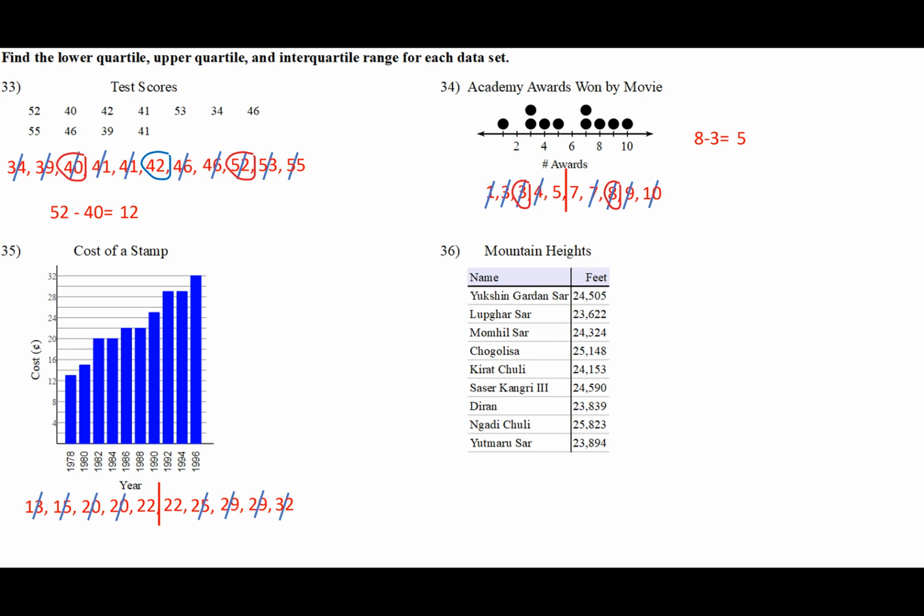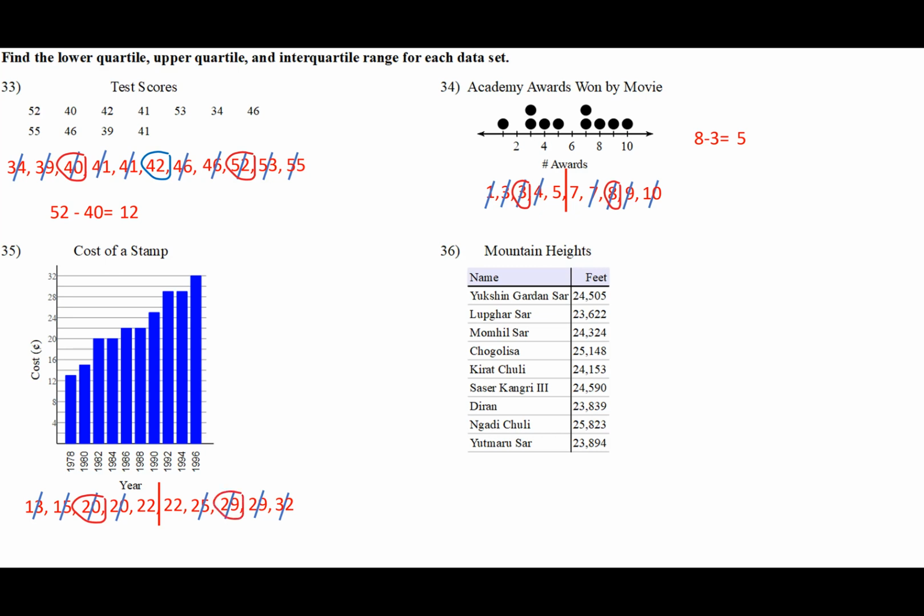What I'm looking at in this case is on the left side of my median, there's 5 numbers. Let me find the number in the middle. In this case, happens to be 20. On the right side of my line, there's 5 numbers. The number in the middle in this case is 29.